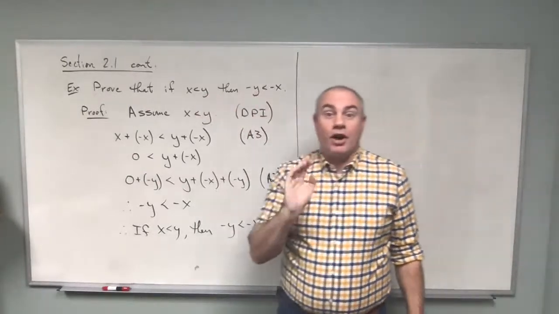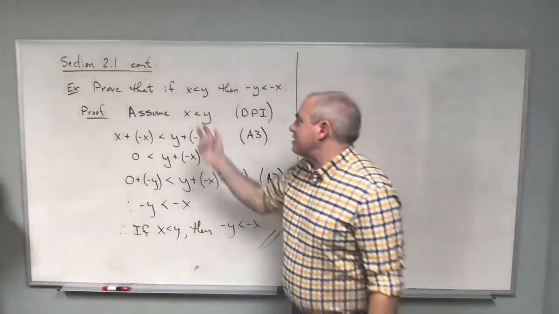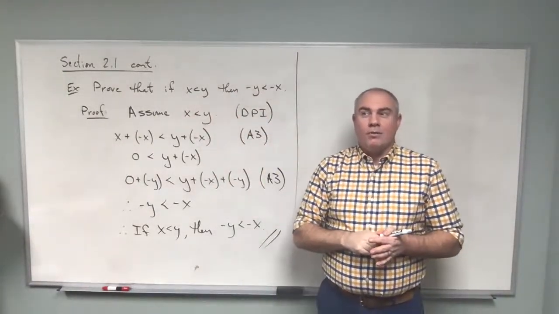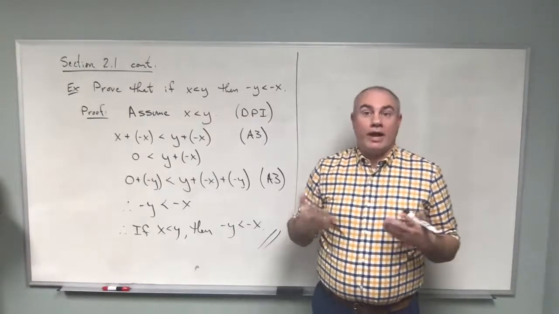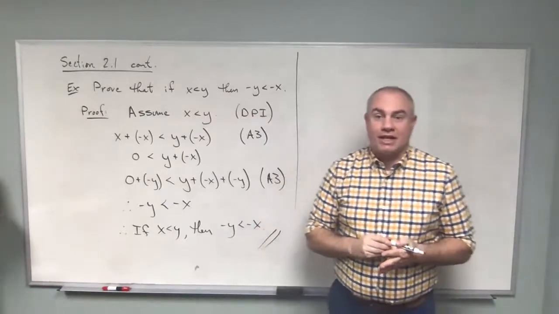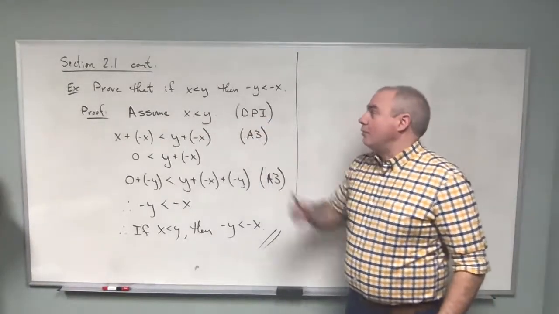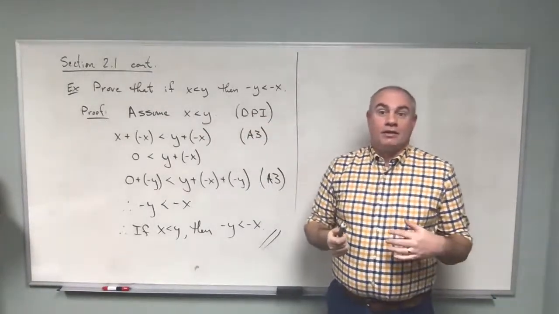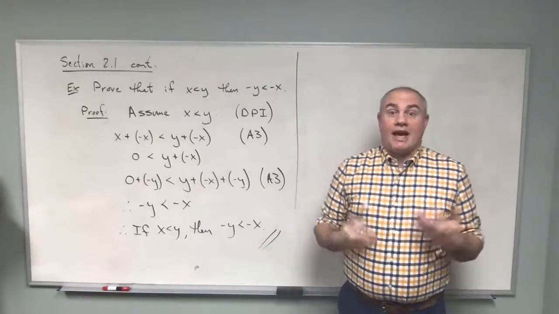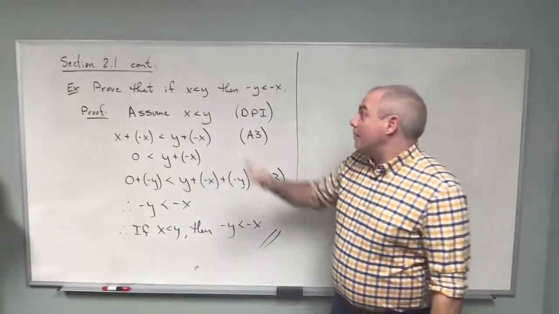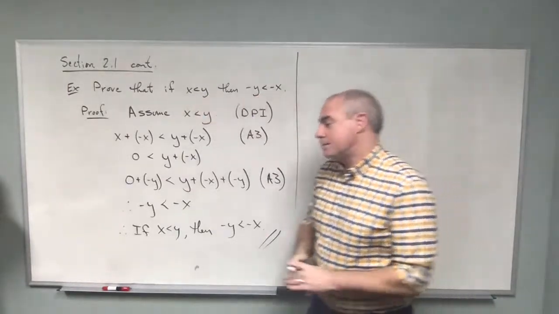But that would not be a good way to prove this, if I'd say, oh, well, just multiply both sides by -1. Well, we don't know what happens when you multiply both sides by -1. So be careful not to just jump in and say, I'll multiply both sides by -1. We don't know anything about that. The axioms don't tell us anything about that, so we can't use it yet. But now we do know this.